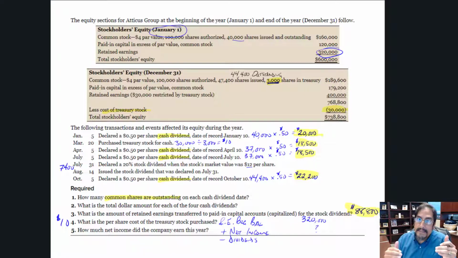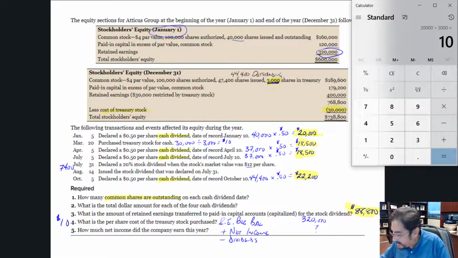So we're going to debit retained earnings for the dividend amount, whether it's a cash dividend or a stock dividend. All of that added together is our total dividends. So let's see what we paid out in dividends: 20 and 18,500 and 18,500 again, and 22,200 and 88,800.